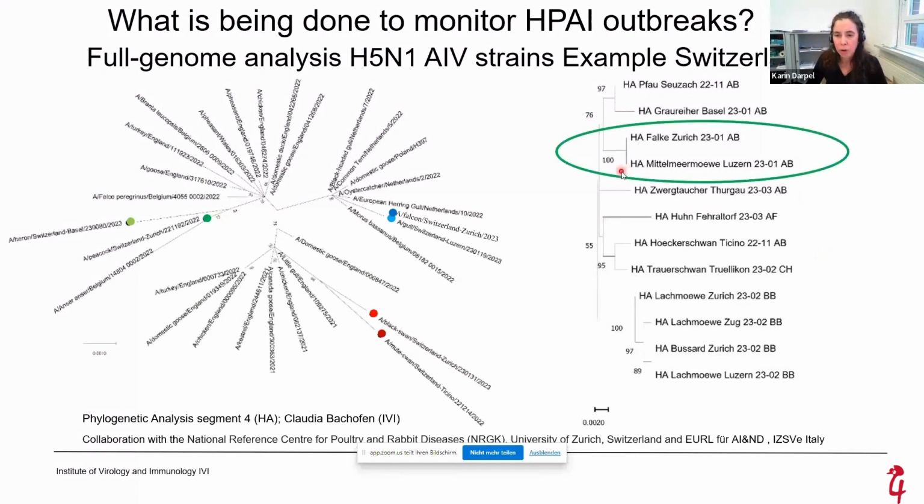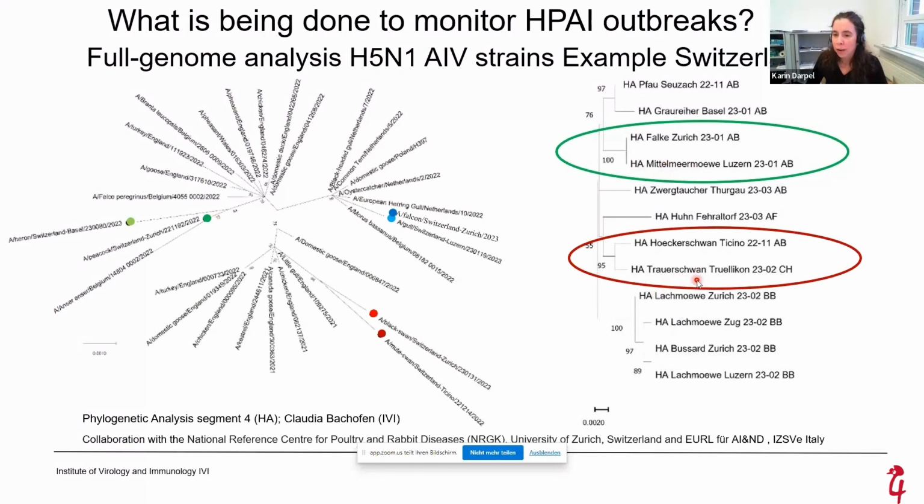Here we can see that for segment 4, this falcon is very closely related to the gull, and therefore it's interesting to speculate that the falcon might have eaten a gull.